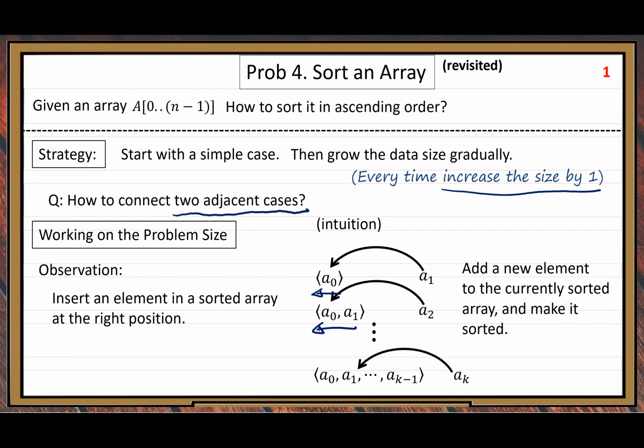In order to solve the whole problem, we need to do this operation. We can treat this as a special operation, and we can give it a name. Insertion operation. How about that? So we can call it the insertion operation.